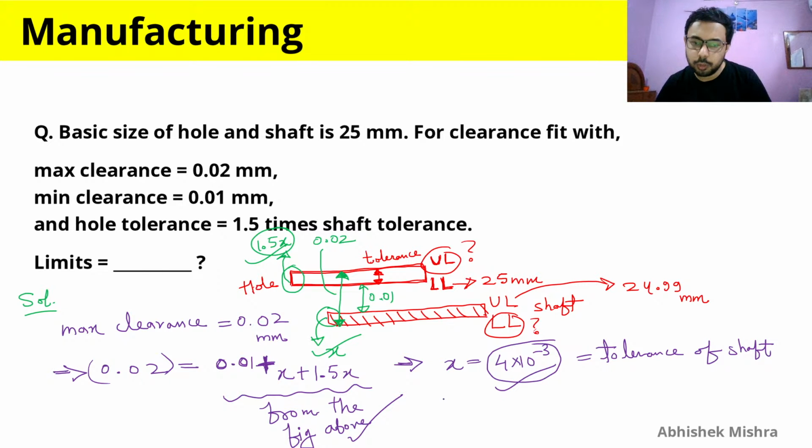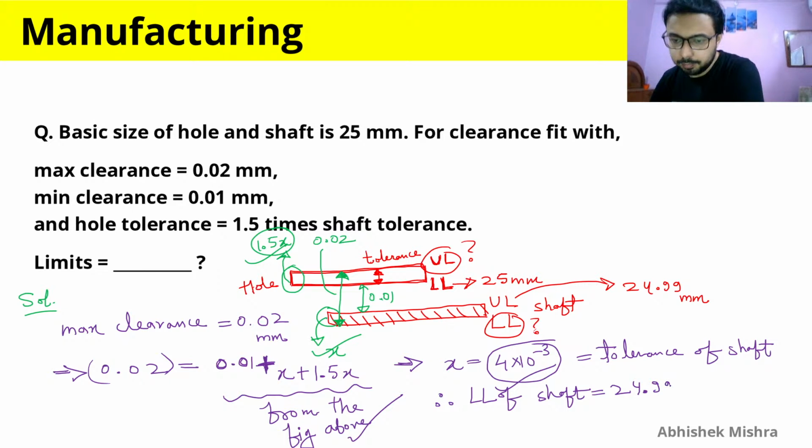Since this x is the tolerance of the shaft, therefore the lower limit of the shaft will be 24.99 minus x, so it will come out as 24.86 mm, and this 24.99 is, as we have discussed before, the upper limit of the shaft.